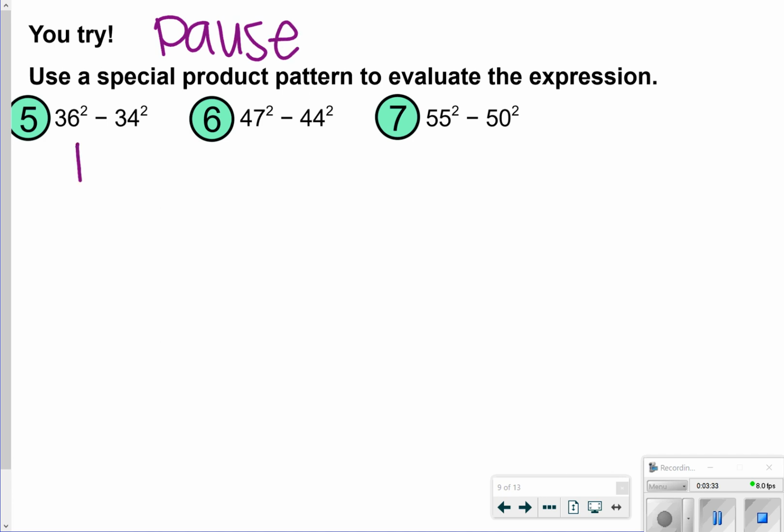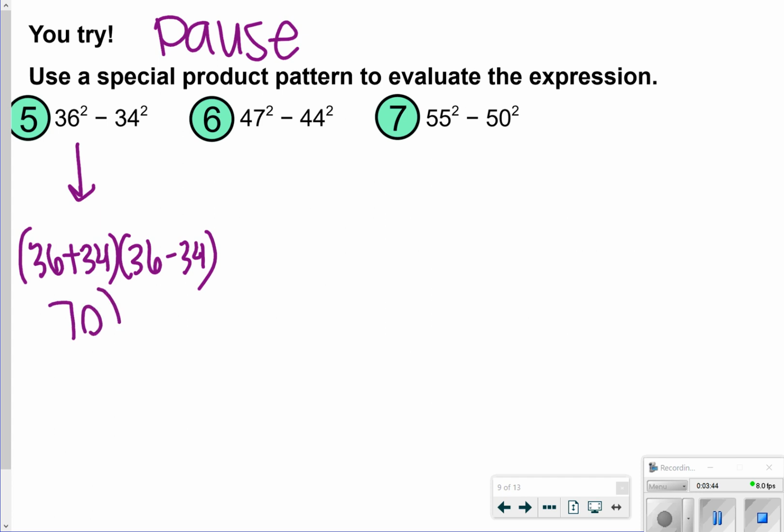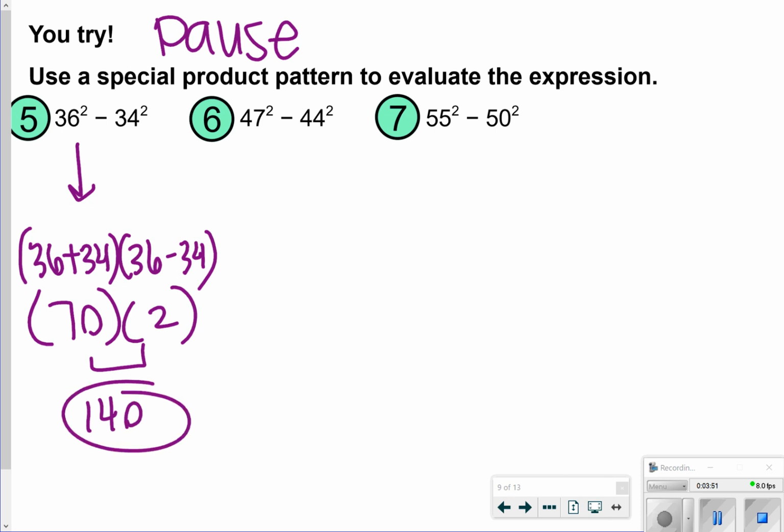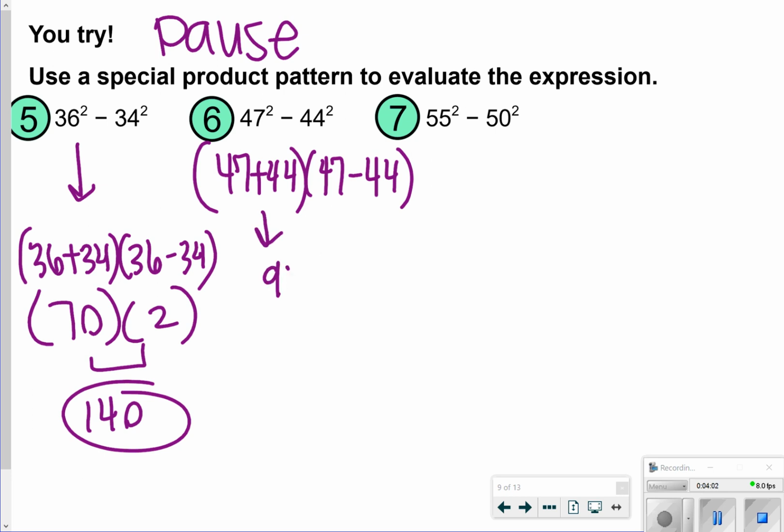So number 5, you should have done 36 plus 34 times 36 minus 34. 36 plus 34 is 70. 36 minus 34 is 2, and 70 times 2 is 140. For number 6, we have 47 plus 44 times 47 minus 44. 47 plus 44 will give us 91, and 47 minus 44 gives us 3.